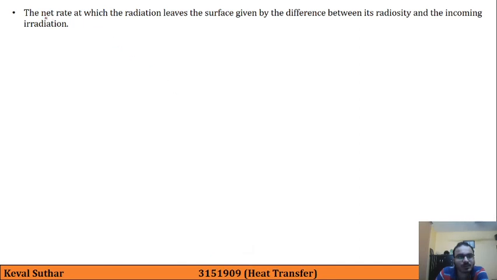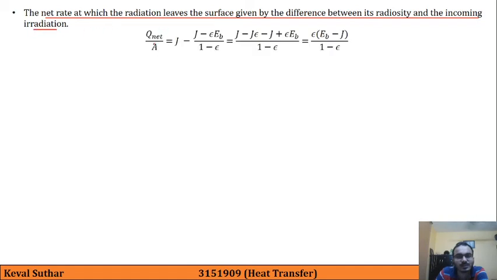Now the net rate at which the radiation leaves the surface is given by the difference between radiosity and incoming irradiation. So it is like this.